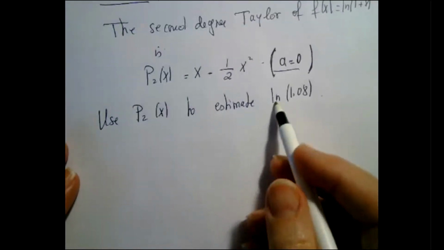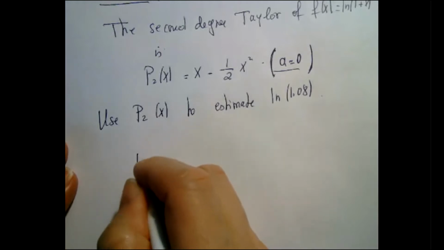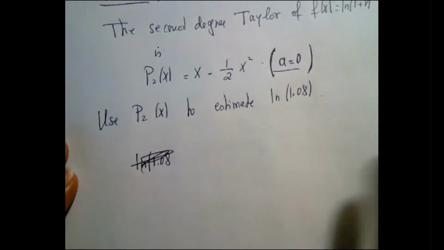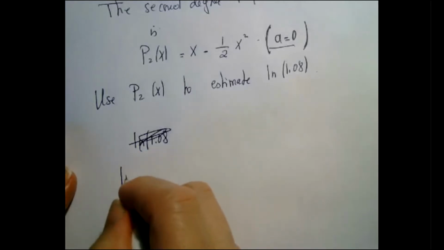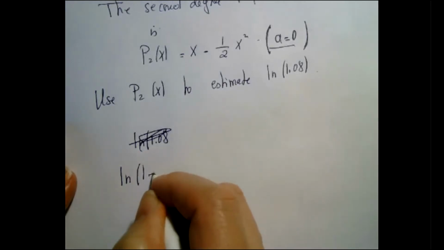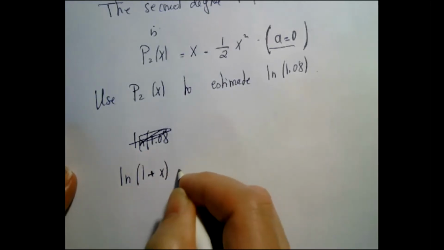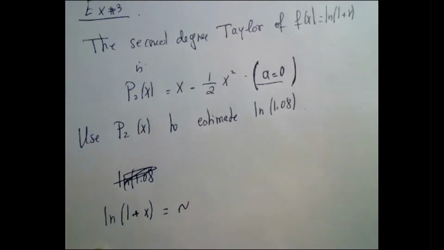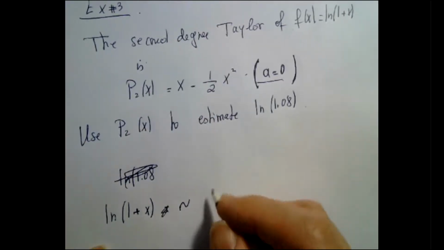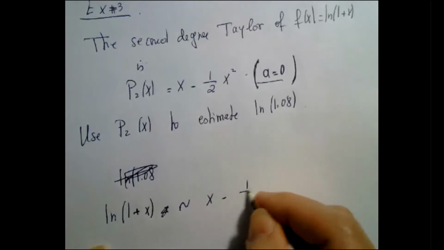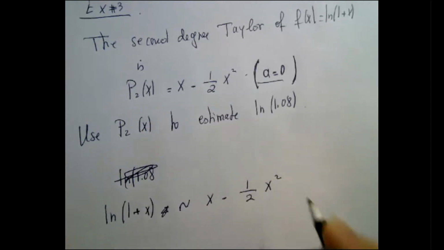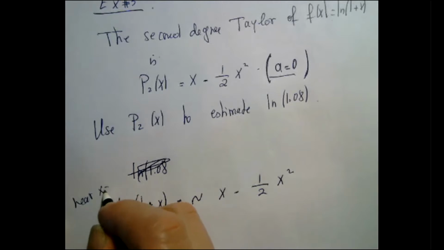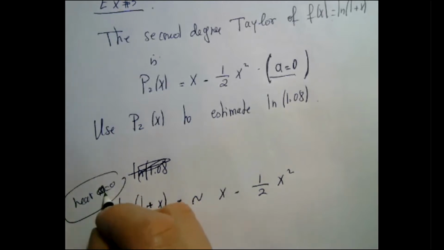Now, question number 2, I want to use it to estimate ln of 1.08. So actually, before I write that, this means that ln of 1 plus x is almost equal to, that's how I want you to understand it, x minus a half x squared, near x equal to 0, near a equal to 0.